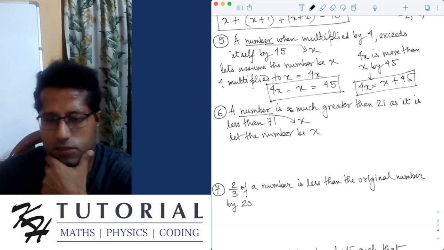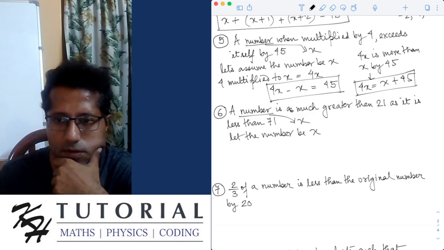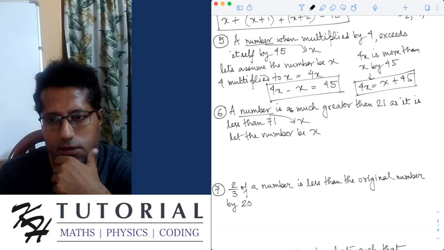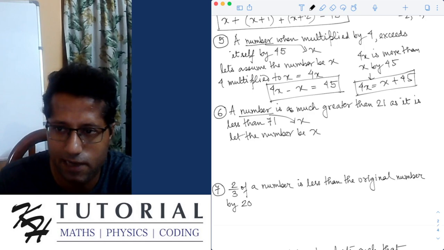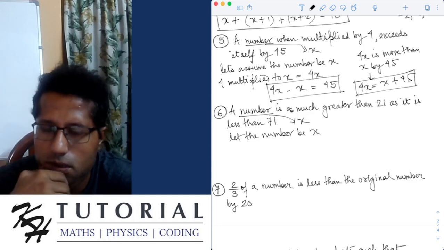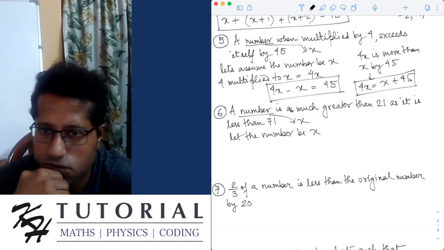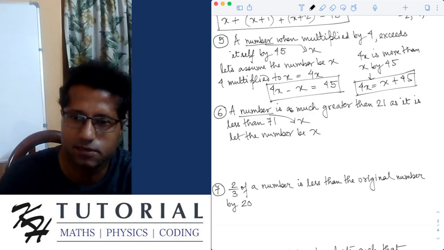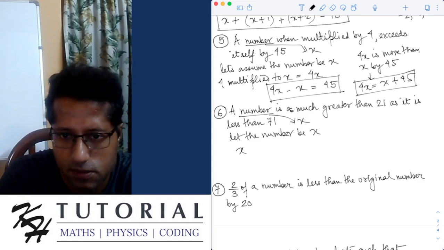Now they are saying that the number is as much greater than 21 as it is less than 71. So the number is greater than 21. If that number is x, then the difference between that number and 21 is x minus 21.